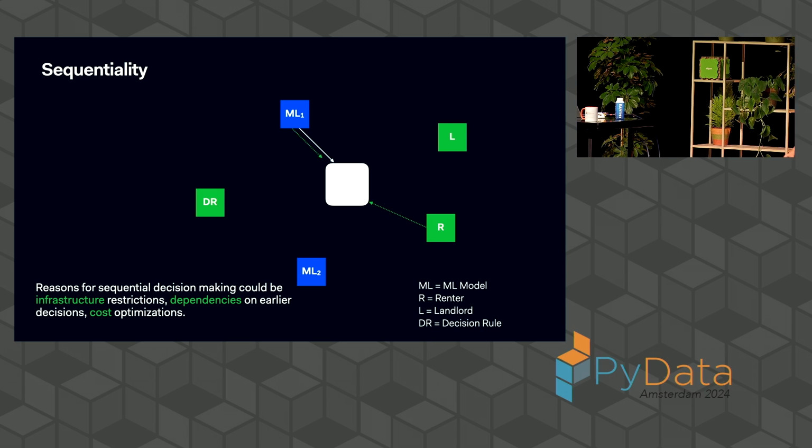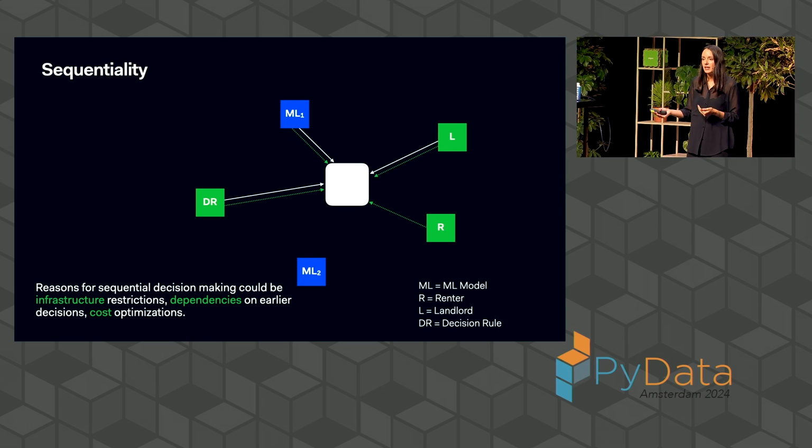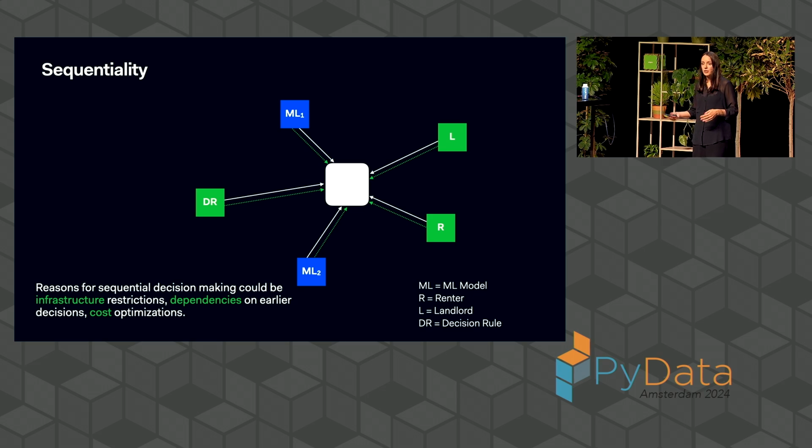Let's talk about sequentiality. Reasons for sequential decision-making in such a system could be various. One of them could be infrastructure restriction, or infrastructure that has just grown in a certain way. But then we could also have dependency on earlier stages. In our case, for example, we want to call machine learning model 1 first and determine an information source before we make the landlord make a decision.